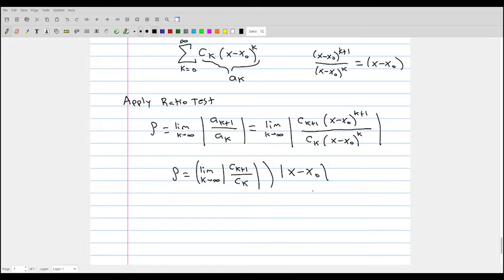And you remember from the ratio test that this means the following. It means that this expression right here has to be strictly less than 1. The limit of these ratios has to be less than 1 to guarantee what's called absolute convergence.